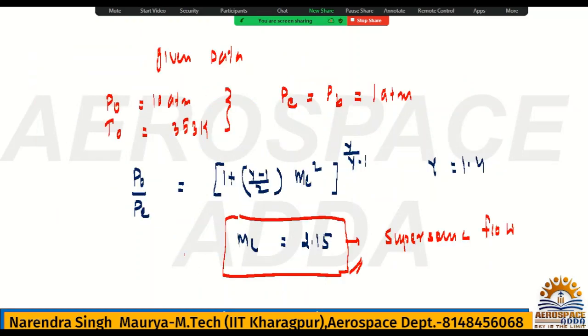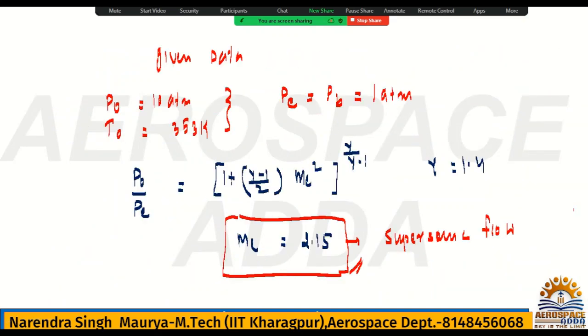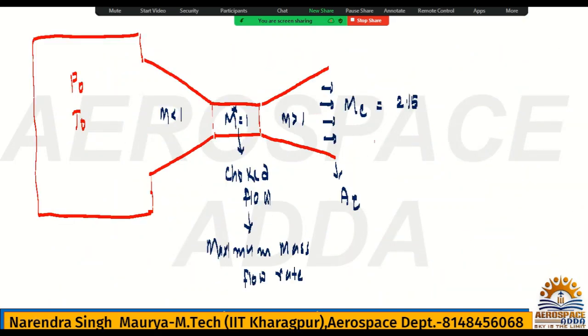One thing they have given very nicely is the nozzle thrust. Obviously I cannot call it T, because otherwise T means exit temperature. The thrust they have given you is nothing but 11.12 kilo.